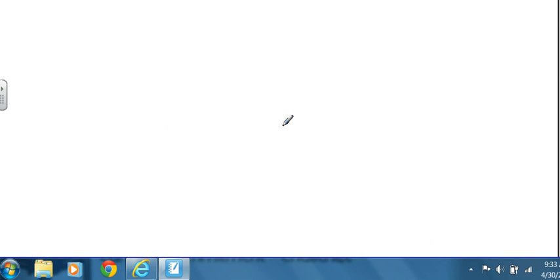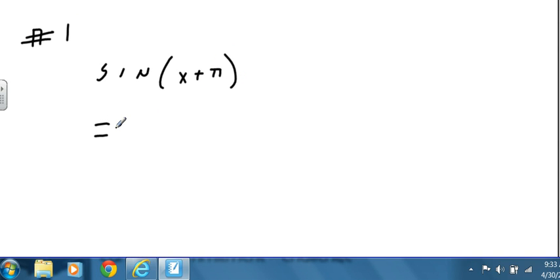All right, so we're going to look at number 1. And we're going to look at the sine of x plus pi. And we're going to practice what we preach, and we'll turn the page over and look at the plus sine guy. And he looks like sine, cosine, plus cosine, sine.